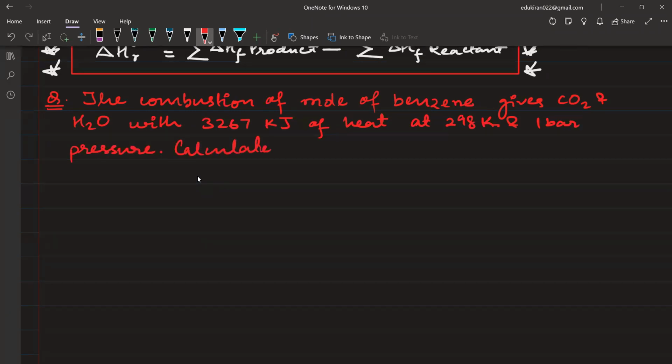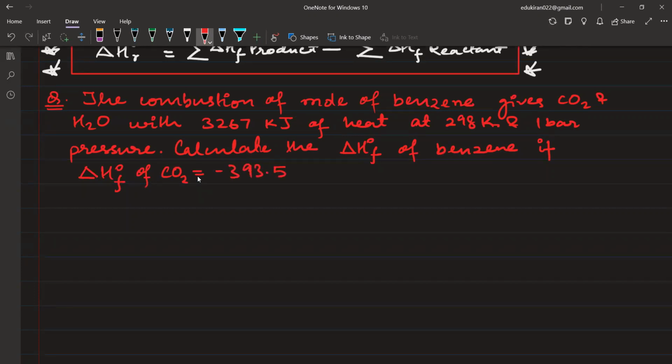Calculate the standard enthalpy of formation of benzene if the standard enthalpy of formation of carbon dioxide is equal to minus 393.5 kilojoule per mole and the standard enthalpy of formation of water is equal to minus 286 kilojoule per mole. ठीक है.